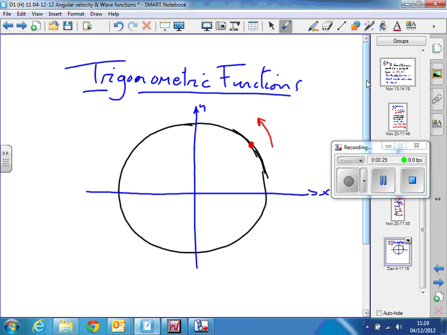So if I draw in the radius, and then this distance from here to here, and then this distance, which is the y-axis, the sine wave is to do with this.